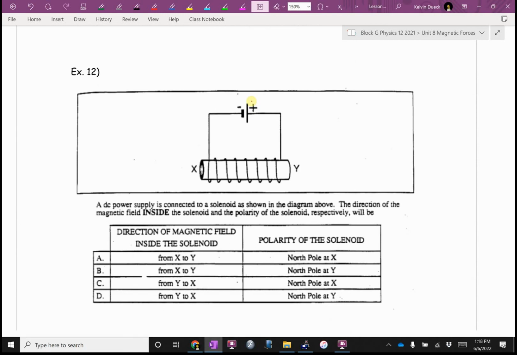Number 12. Ignore this part for a second. We'll come to that. Tell me which side is north, X or Y. Use your right-hand rule on your own and label the diagram correctly.